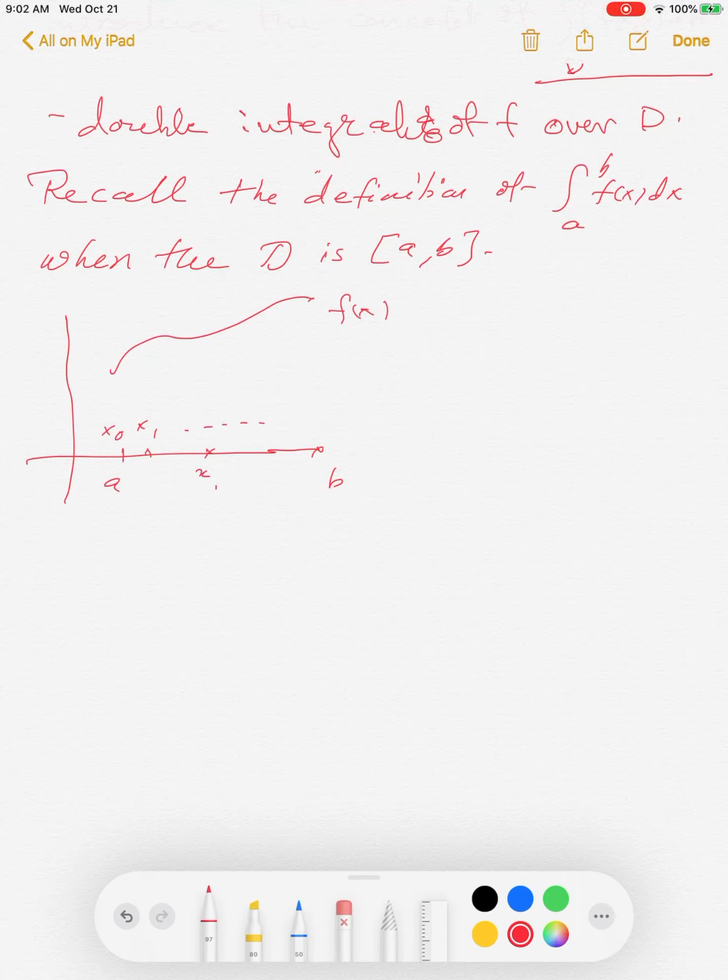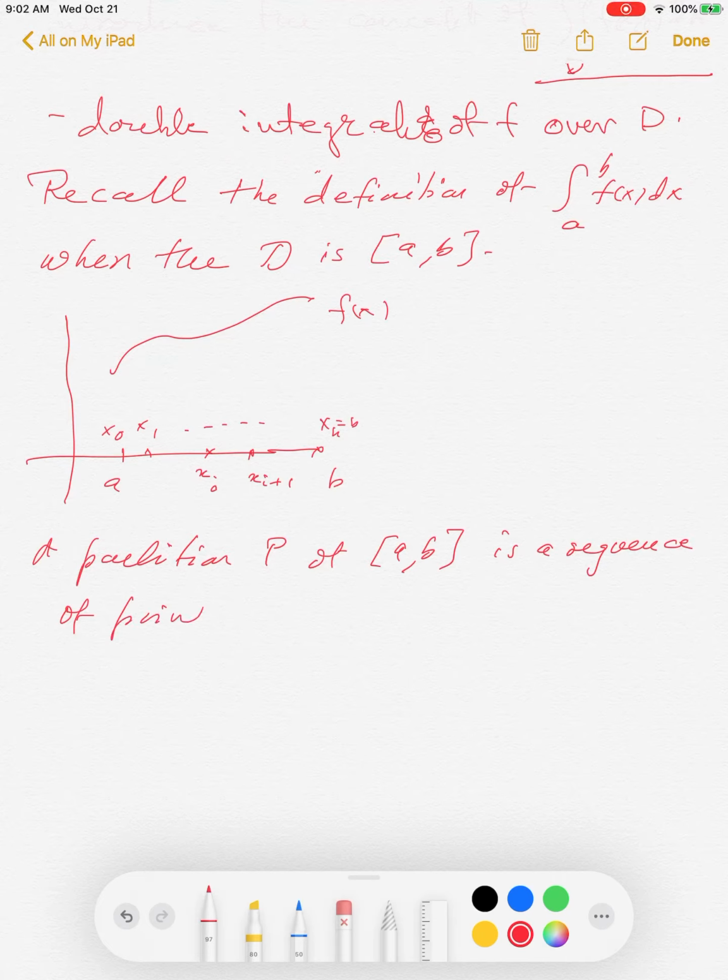A partition is just a bunch of points: a = x0 < x1 < x2 < ... < xi < xi+1 < ..., and the final one is xn, that's b.